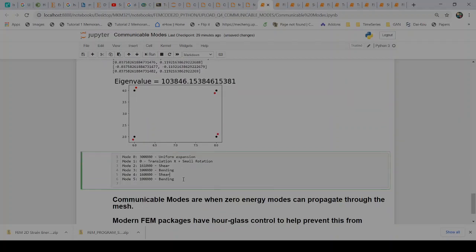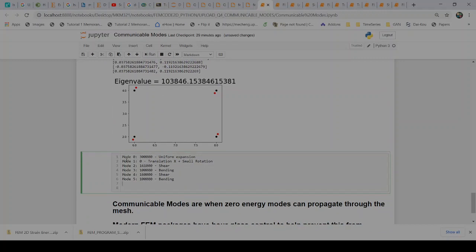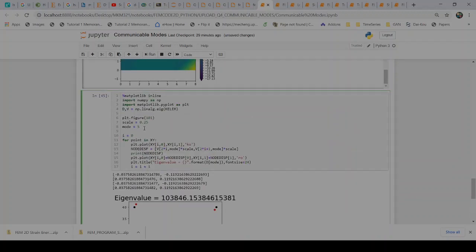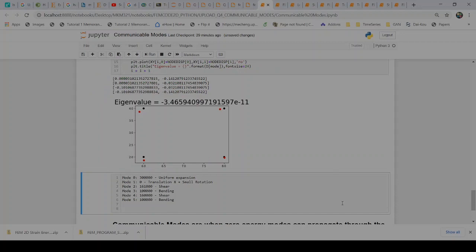And if I look, so far I've only seen essentially one 0 strain energy mode. I expect to see more. So my gut feeling would now be that the next 2 should be 0 strain energy modes, mode 6 and 7. So let's look. So mode 6, you can see it's 0. And when I look at this, we can see there's again some slight rotation going on here.